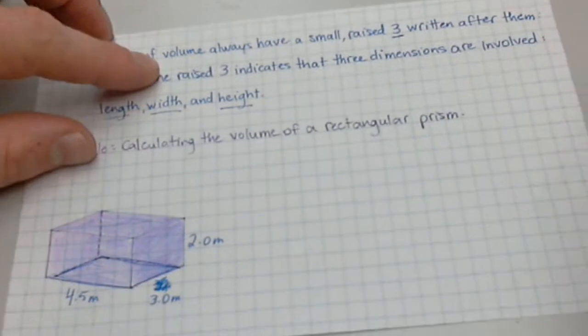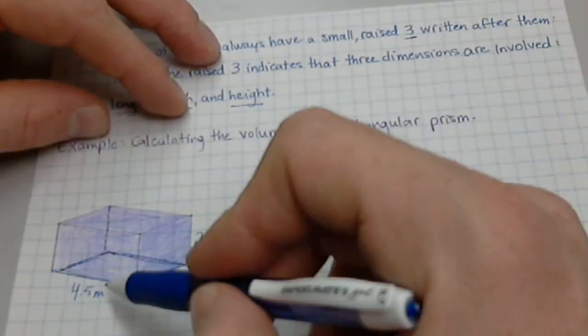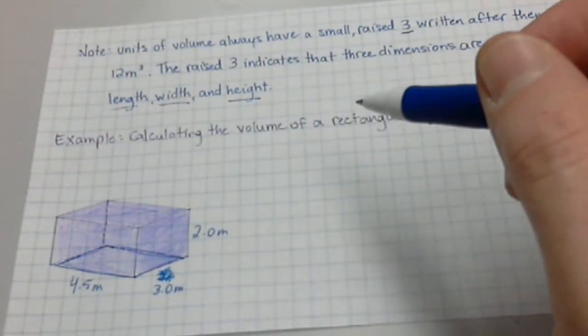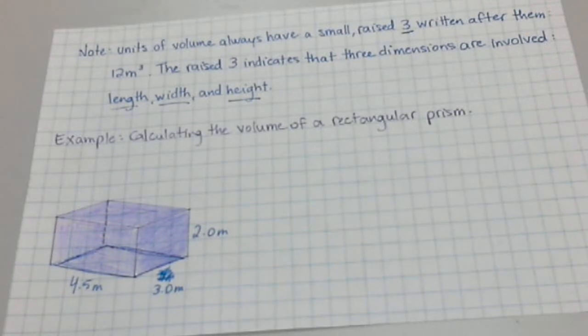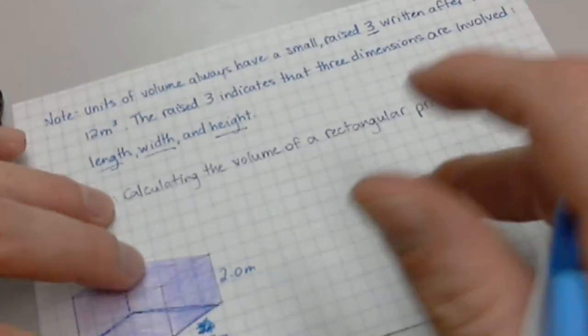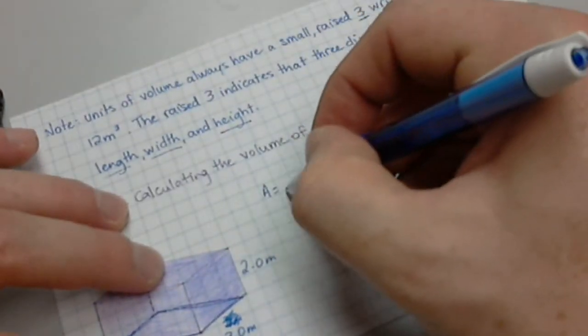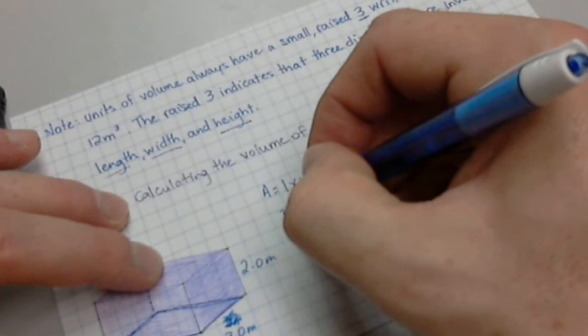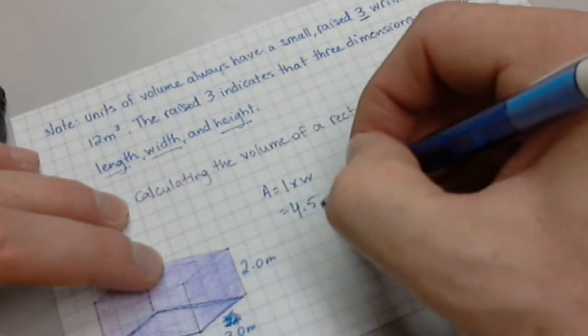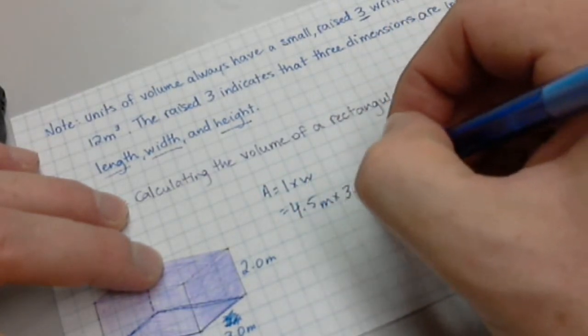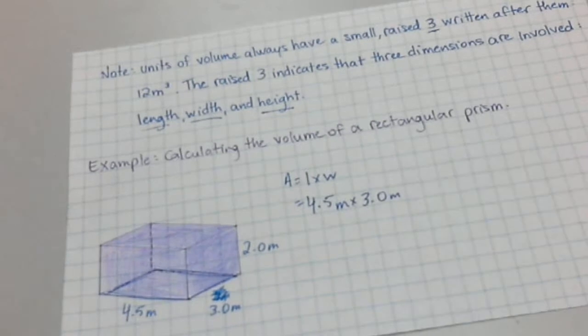Okay, that's our base that we're working with, and it's 4.5 meters by 3 meters. So I'm going to get out my calculator and use my formula. Area of a rectangle is length times width, and so it's going to be 4.5 meters times 3 meters.